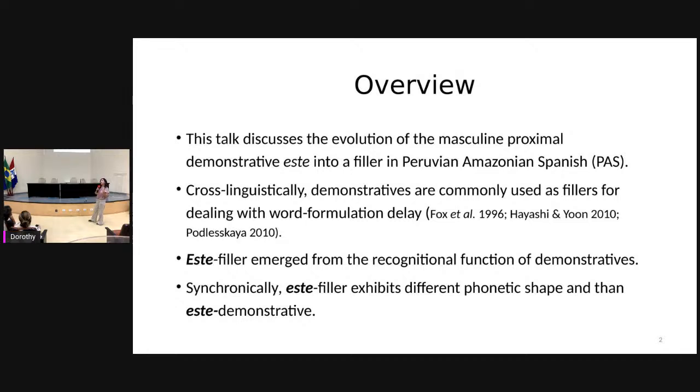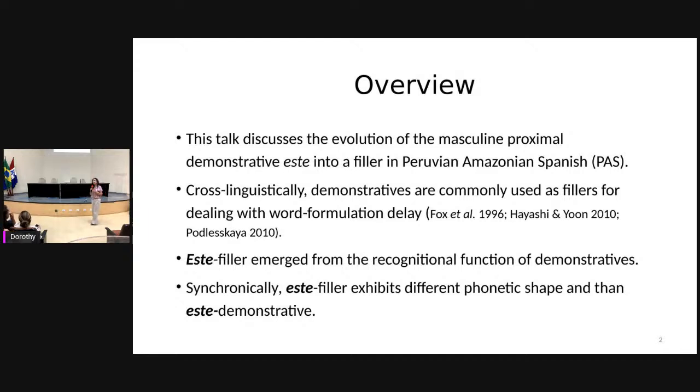And what I'm going to try to convince you is that this filler function in this variety emerged from a particular type of function associated with the demonstrative, which is the recognition function. I will elaborate on that.